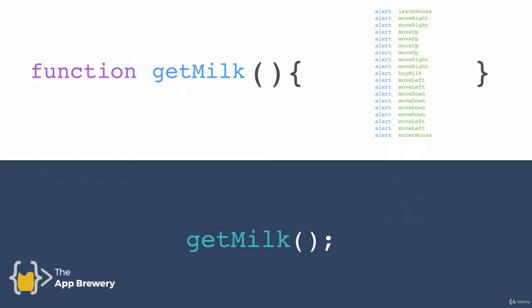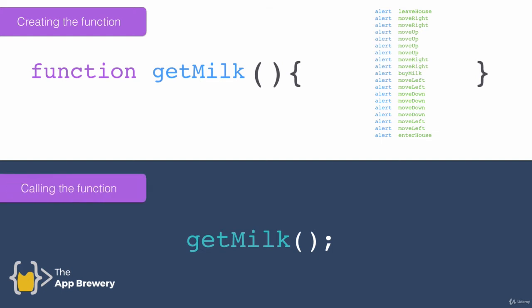Now, the really important thing is to know that there is a difference between when you create the function, because this is when you have the function keyword, this is where you give it a name, and where you have the curly braces that determine what functionality essentially this function is going to perform. But when you want to use the function, in programming we say calling the function.